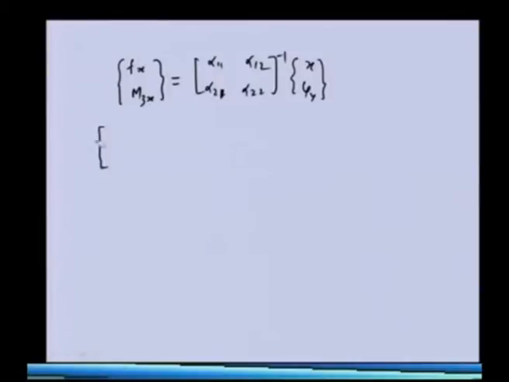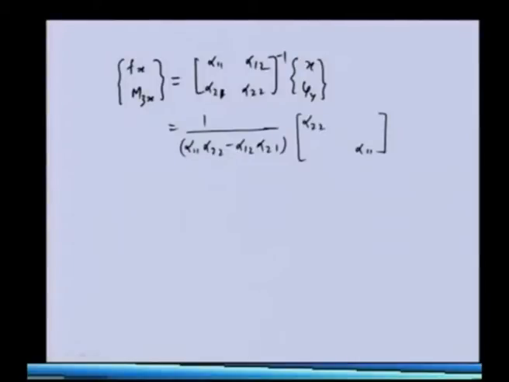This particular matrix we can invert. The inversion is one over alpha 1 1 alpha 2 2 minus alpha 1 2 alpha 2 1. That is the determinant of this particular matrix, and we need to change the position of the influence coefficients.